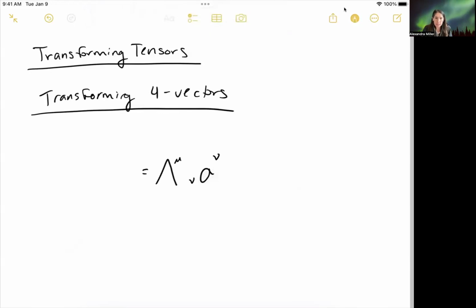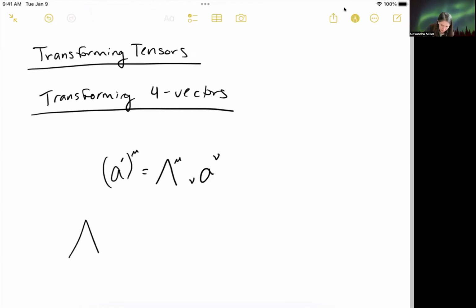And notice that these νs here are contracted. We're left with some A'^μ, where A' is the four vector in the new reference frame.